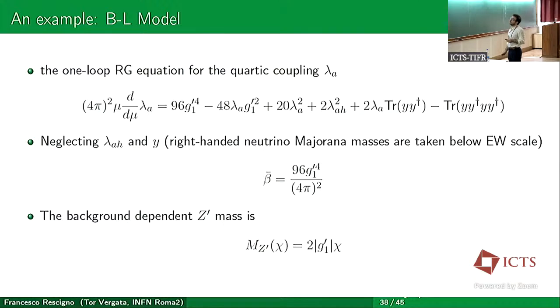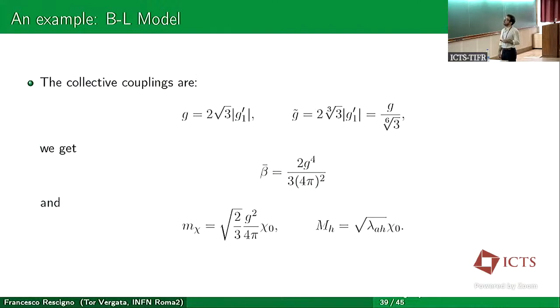The background mass of the new gauge boson is the following one. So now we are ready to calculate the collective couplings, G and G tilde, which are the parameters of the improved supercooled expansion. As you can see, these parameters take this very simple form, and in particular, they have this very simple relation.